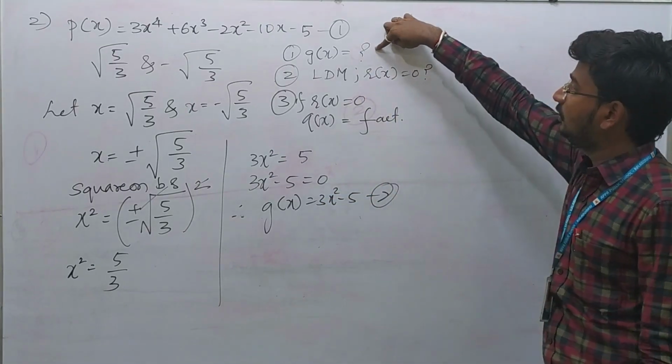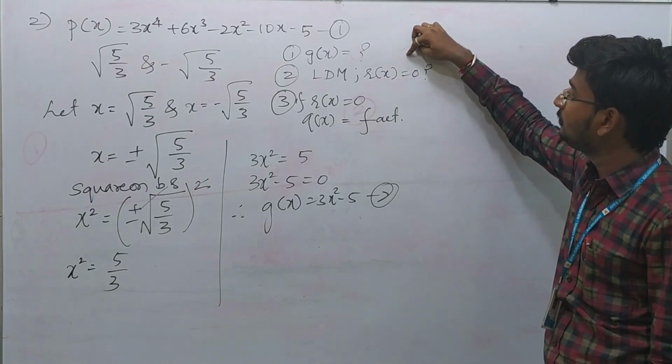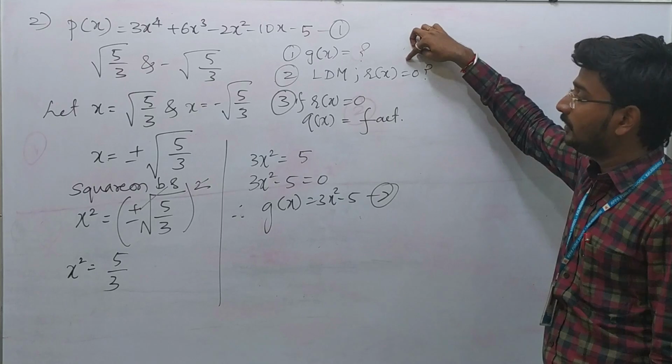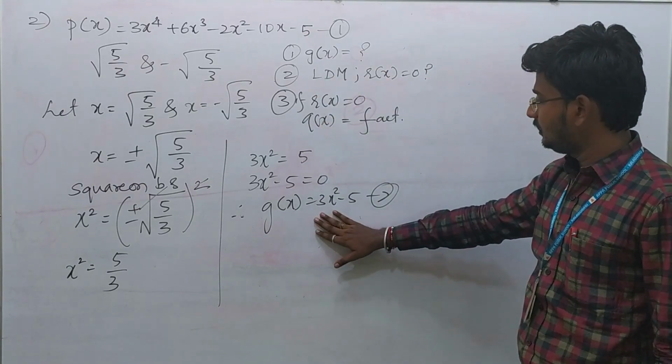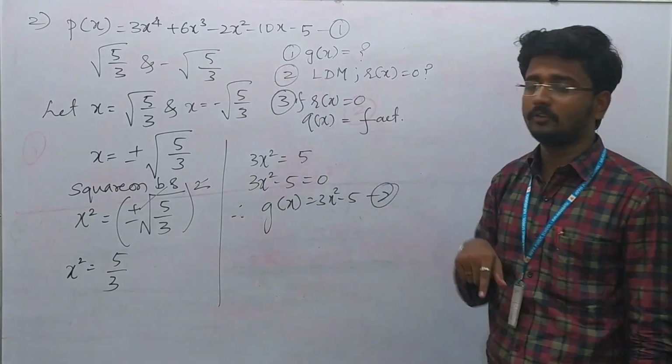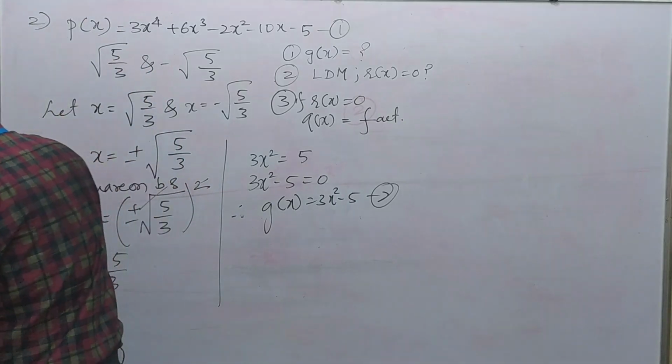Now, we got what is g of x value. What is the second step? I have to find r of x and q of x, which means I have to apply the long division method here. So, with the help of g of x, I will divide this polynomial p of x and get the q of x and r of x. So, let us solve that.